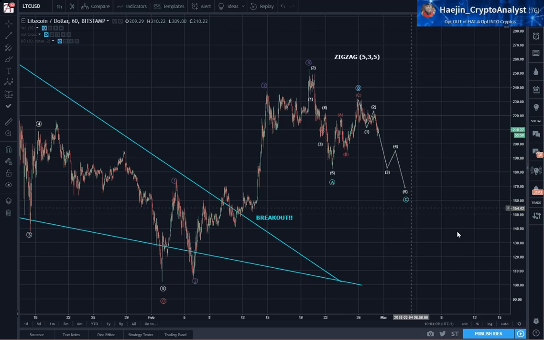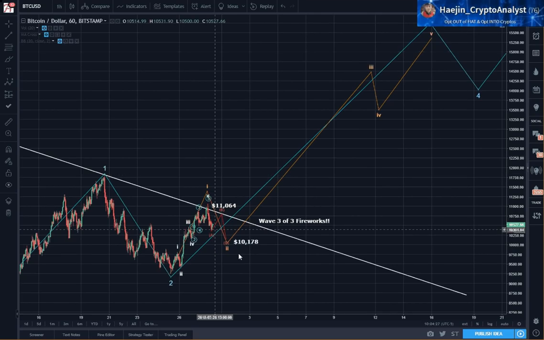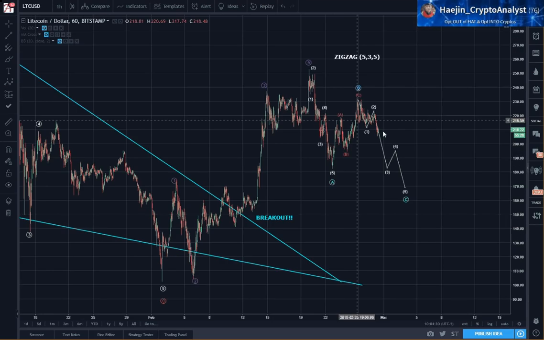The lead effect, the baton effect, is showing that Litecoin is leading. It's already done with the A while Bitcoin is still working on the A. It's already done with the B while Bitcoin might just start in the B and C. And Litecoin is doing A, B, and C. That's where the significance of the implication comes in.